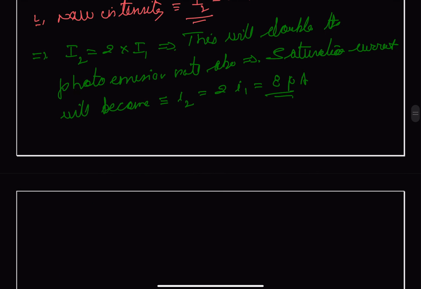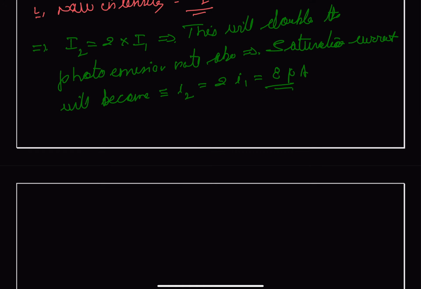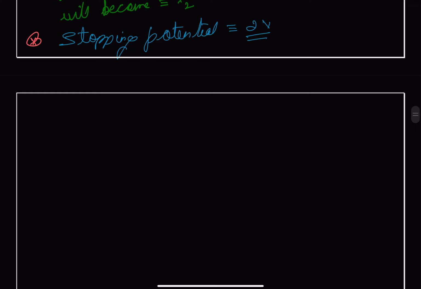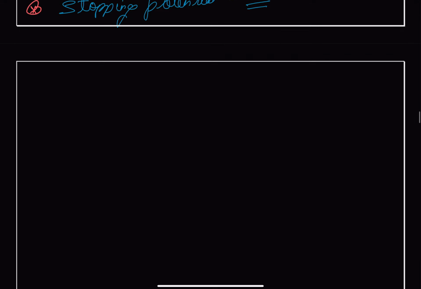So the stopping potential is 2 volts, and magnitude wise, actually it will be minus 2. And so we can easily plot our required graph.